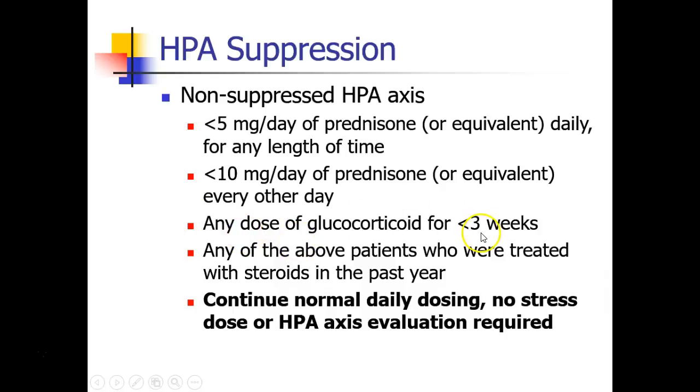Anybody who gets steroids for a period of less than 3 weeks is not considered suppressed. And if any of these patients were treated with steroids in the past year, these are all considered non-suppressed patients, and they can just get their normal daily dosing of steroid, whatever they normally take at home. They don't need any additional stress dose or HPA axis evaluation, and that's it for them.